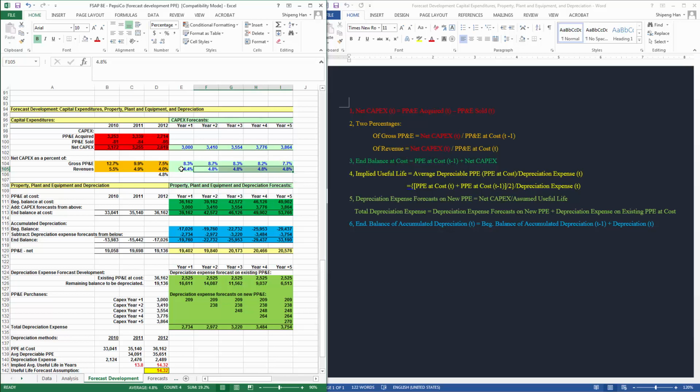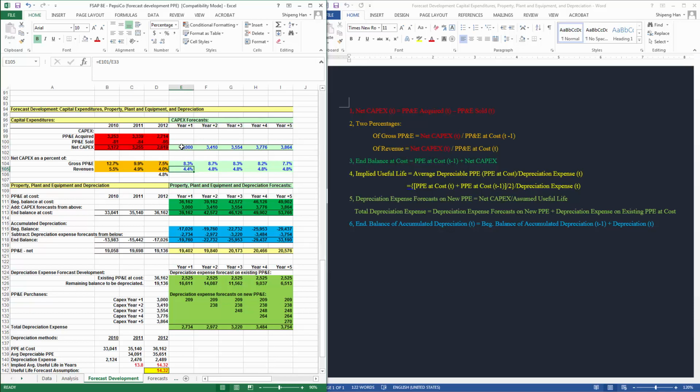But why here is a 4.4? Because 3,000 is given by the management in their MD&A reports. Okay, so if the number is given by the company, we just apply the number directly. Okay, we do not make predictions if the company provides numbers. So that's why it is less than the 4.8%, it is 4.4%.